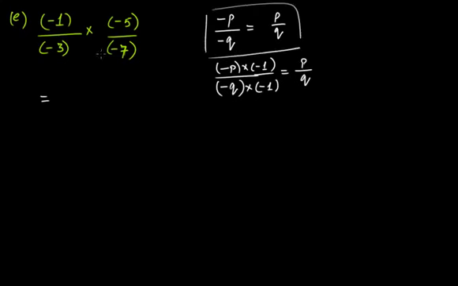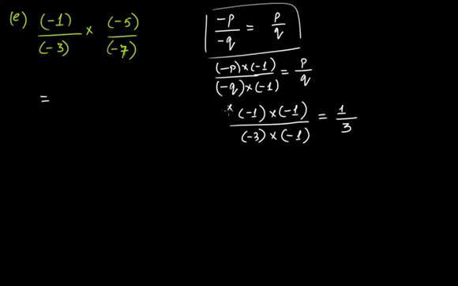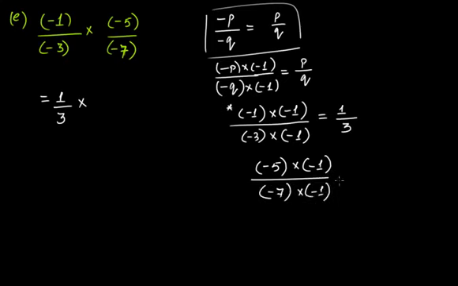So using this, if you multiply minus 1 with minus 1, and in the examination you have to show this step, that's really very important, and minus 3 times minus 1, you get 1 over 3. You have to show this step, remember. So you get 1 over 3 times, same thing here, minus 5 times minus 1, then minus 7 times minus 1, and you get 5 over 7.